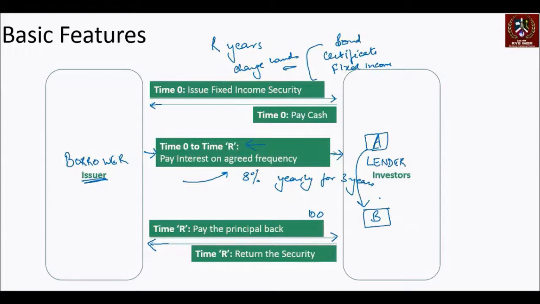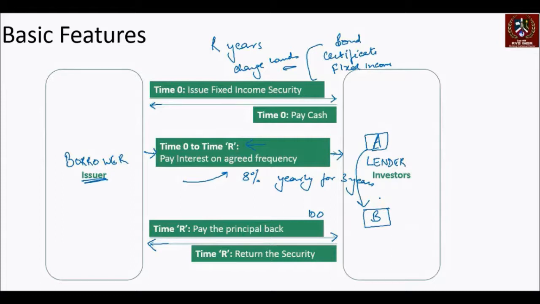If I borrow money from a certain bank, I have to repay money to that bank, right? But if I give a bond to an investor A, I keep paying the interest to investor A till the time investor A holds the bond certificate.